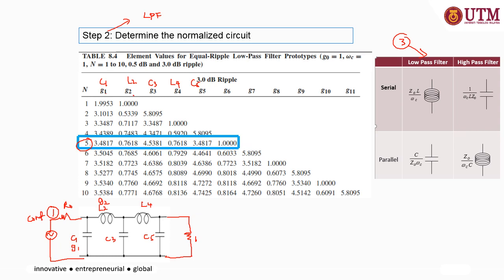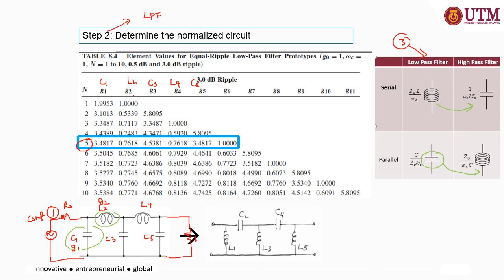The capacitor in parallel becomes an inductor, and the inductor is transformed into a capacitor, and so on. This is basically how the actual circuit looks. You need to calculate all the component values based on the actual equations.